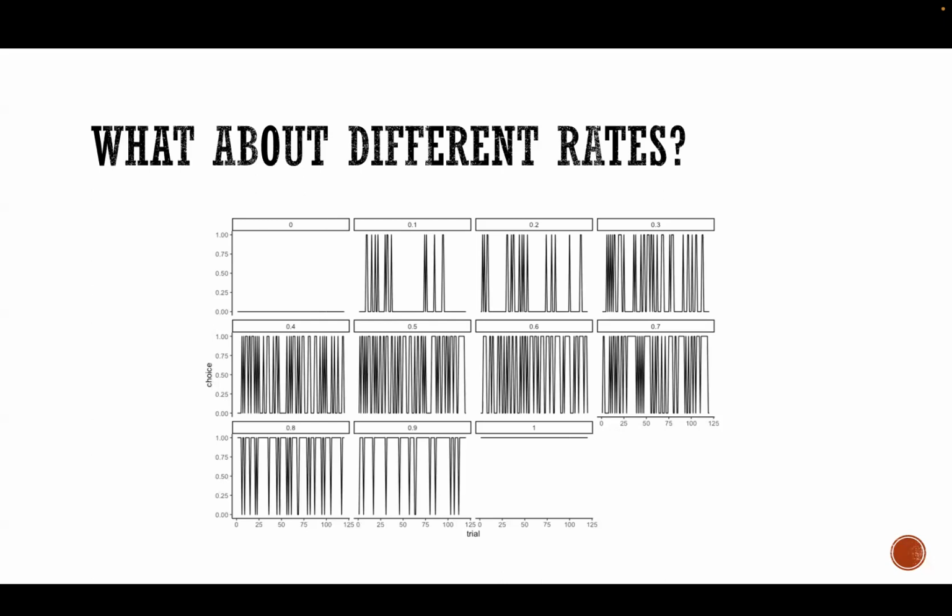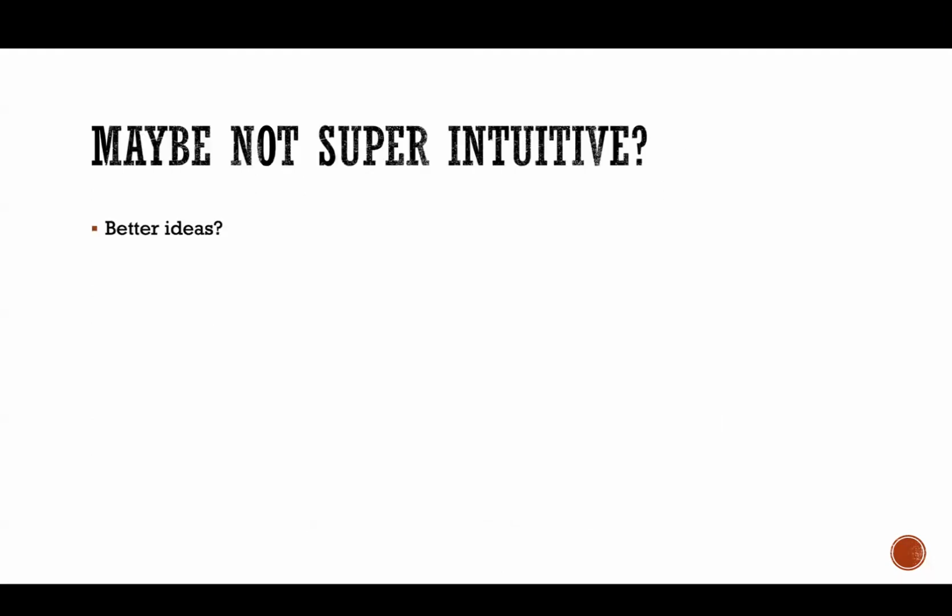Good. So if you remember, we just left off with this terrible visualization of the impact of different rates on the choices of left 0 or right 1 in the matching pennies game. Do you have better ideas? How would you go about making a better plot?